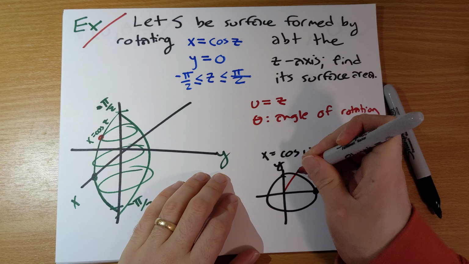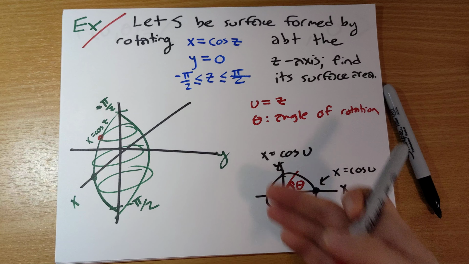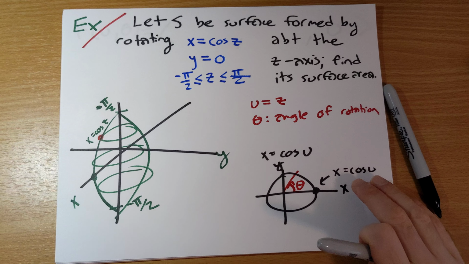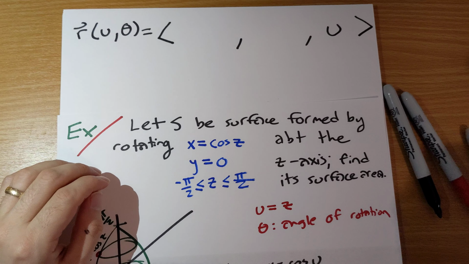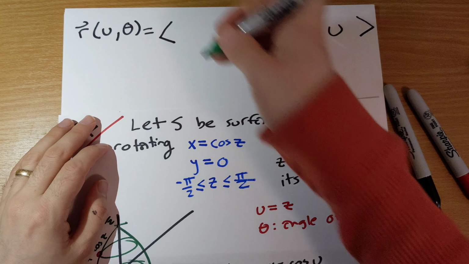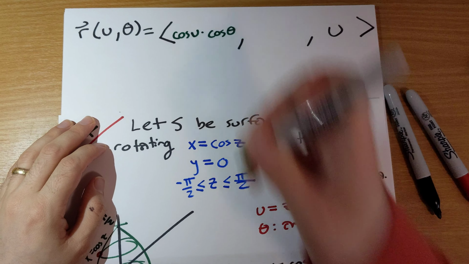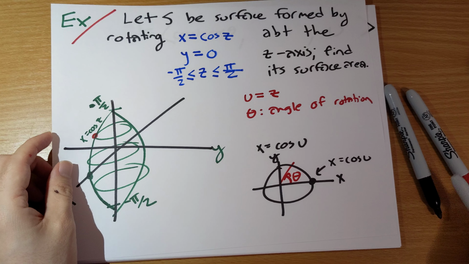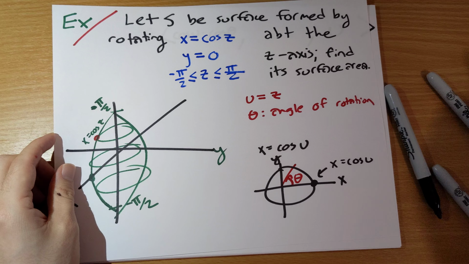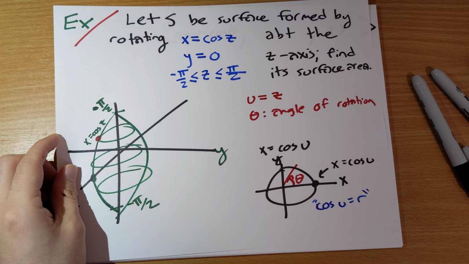But then we're probably going to rotate it by some angle theta. And rotating by this angle theta is going to correspond to multiplying cosine u by cosine of theta. So this is going to give us x is cosine u times cosine theta. Another way to think about it is that cosine u is playing the role of r in polar coordinates in some sense.